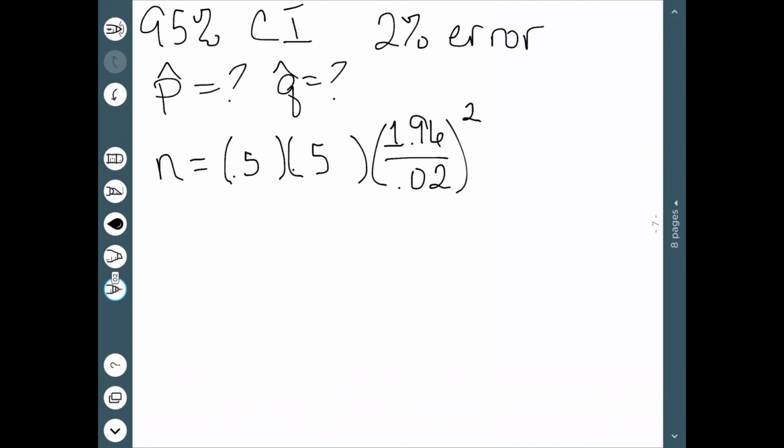That's essentially going to make our sample size as big as it possibly can be. If P hat or Q hat is anything other than 1/2, we would actually need a slightly smaller sample size. So this can tell us at least approximately 2401 if we work this out. So we would need a sample size of at least 2,401.